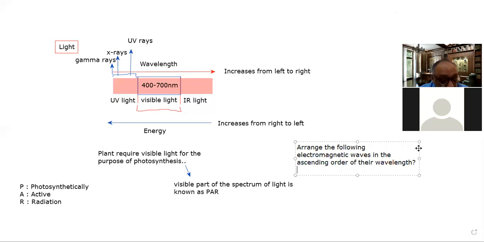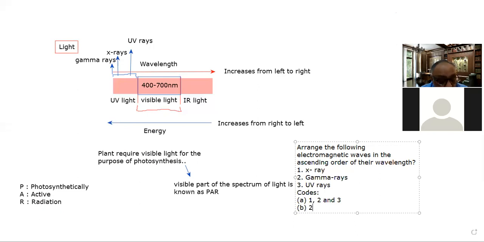Let us suppose first is written here, the X-rays. Second is the gamma rays. And third is the UV rays, which is called the ultraviolet rays. These three are given here, and below are given the codes. One of the codes is 1, 2, 3. The second code is 2, 1, 3.